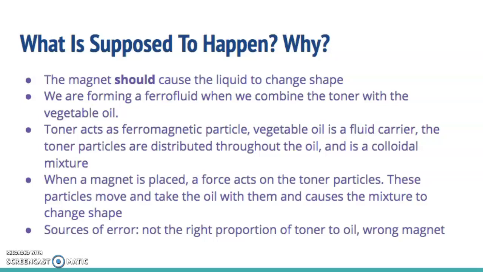So when we place a magnet next to this ferrofluid, a force should be acting on the toner particles or the ferromagnetic particles, which again are evenly distributed throughout the oil. And then this force should cause the particles to move, and when the particles move, it takes the oil with it, which makes it look like the mixture or the liquid is changing its shape.